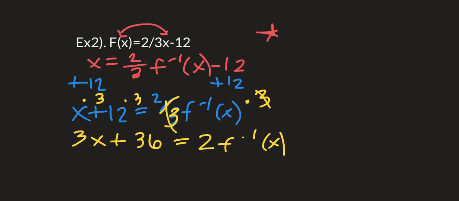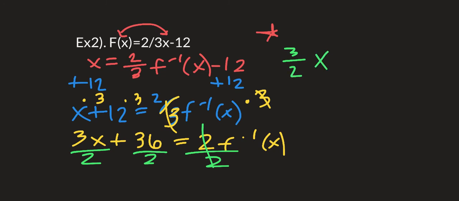And now you might notice we're exactly the same place that we were just a second ago. I just need to divide by 2 here. And since I know I'm going to have to do this separately anyway, I'm just going to write it separate. Okay, this is going to leave my final answer as 3/2x plus 18 equals the inverse.